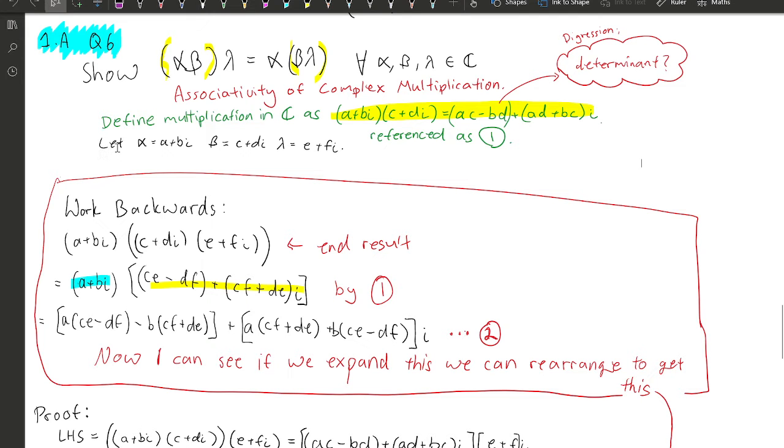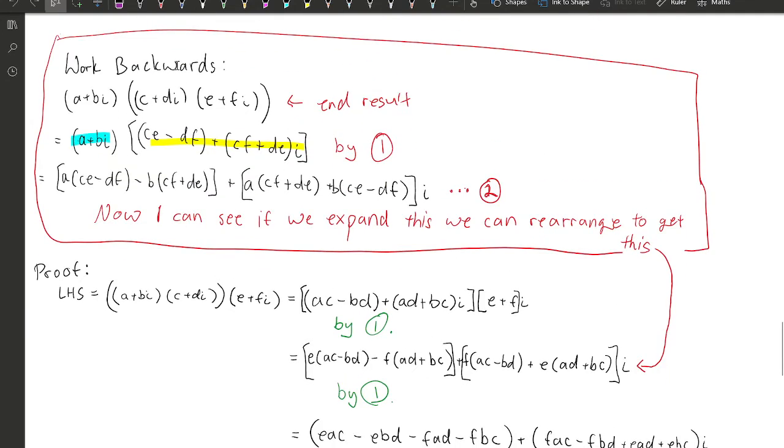Then we'll begin by letting alpha be this complex number, a plus bi, and do the same for beta and lambda. So now we can use these to manipulate them algebraically and hopefully show that the left-hand side does indeed equal the right-hand side.